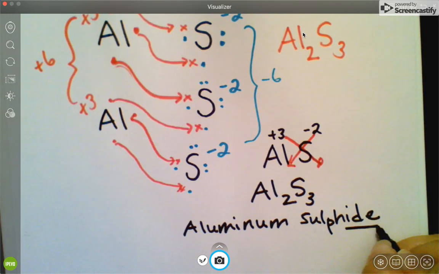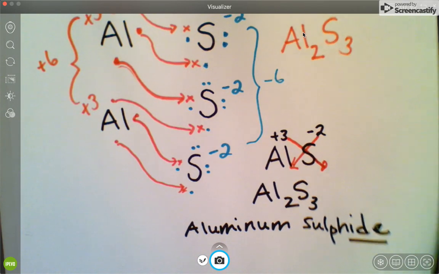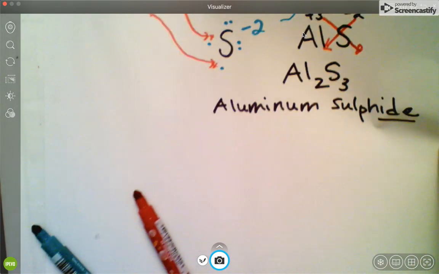So the ending becomes IDE. Some spelling of sulfur is with an F, that is the American version. I will keep it with the PH. So aluminum sulfide.